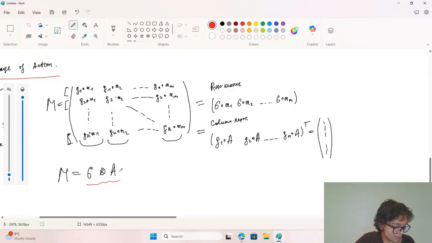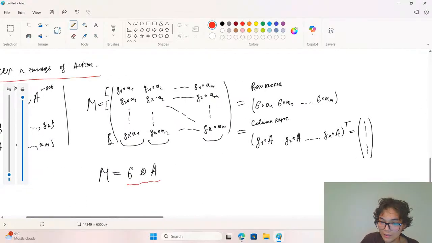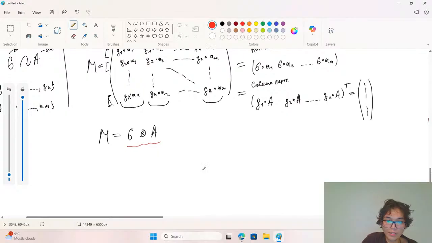So let's just keep it. And then I defined the kernel of action, and the image, in this way.